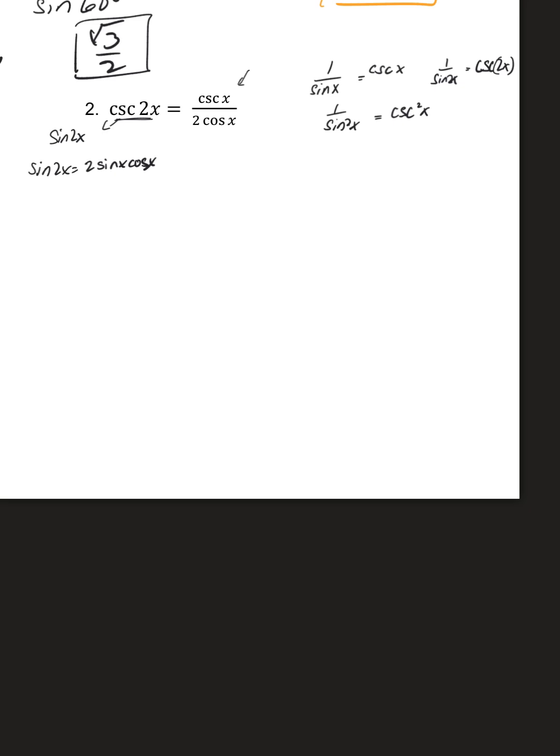If that was in the denominator, the reciprocal of that, if I can make that on the bottom because they're reciprocals of each other, then I can figure this out. Since this already has a fraction, I think this would be easier for me to work with.